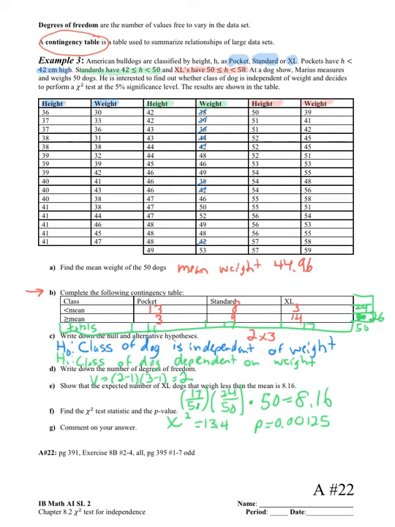So less than 1%, which is very bad, because we were supposed to do a 5% significance test. I guess it's not bad, it just means this is far less than 5%, so we are going to reject the null hypothesis.